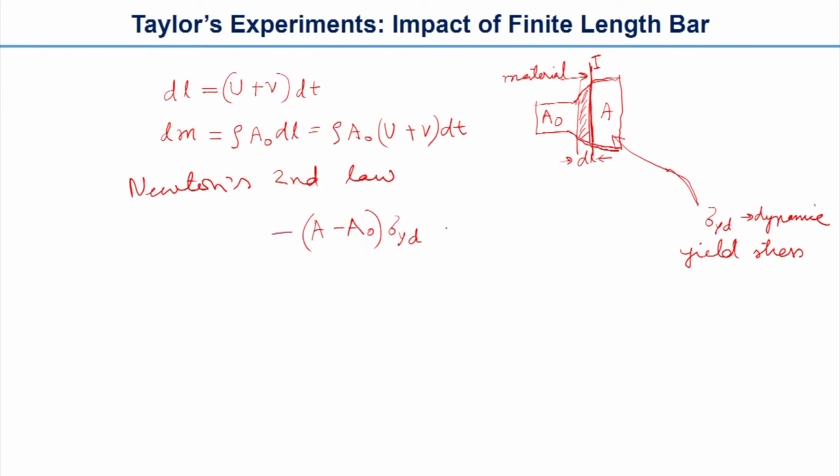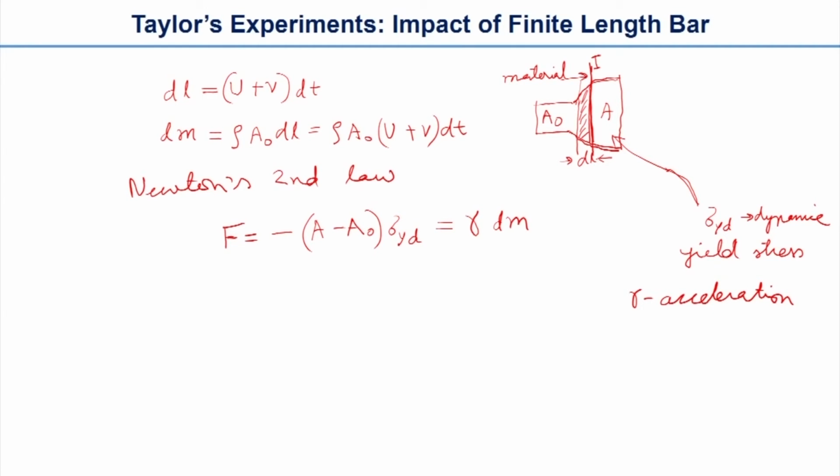This is the force, which is equal to minus (A minus A naught) sigma yd, and that will be equal to acceleration into mass. So acceleration we write as gamma, and the mass is dm. Gamma is the acceleration of that element.